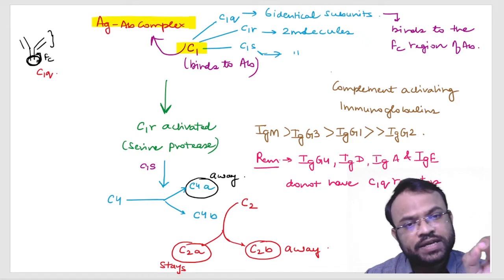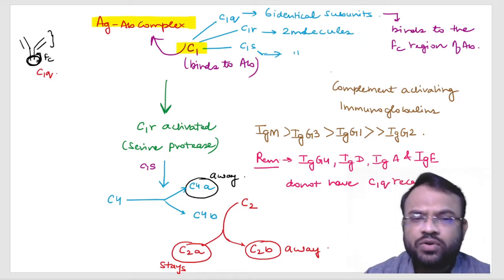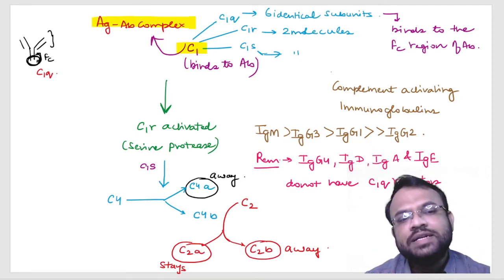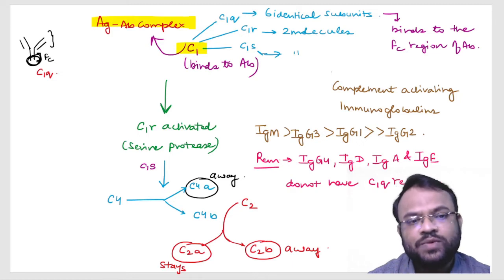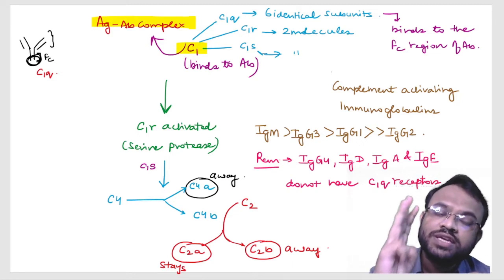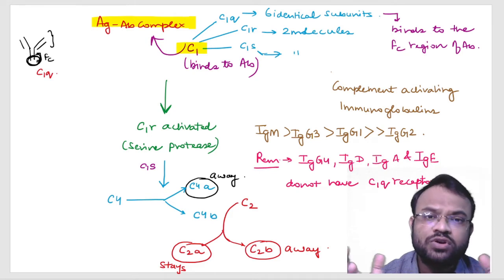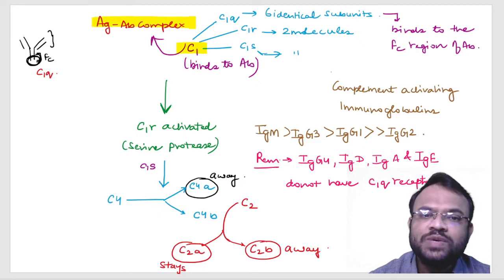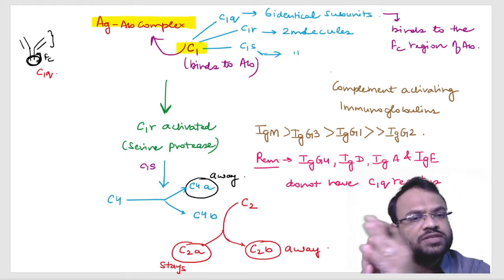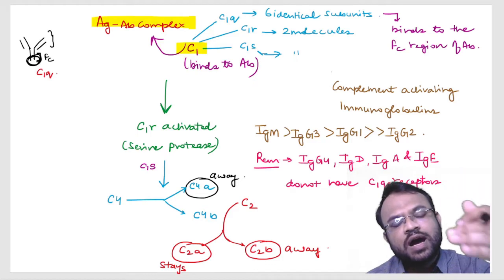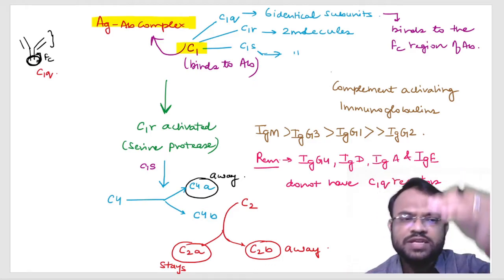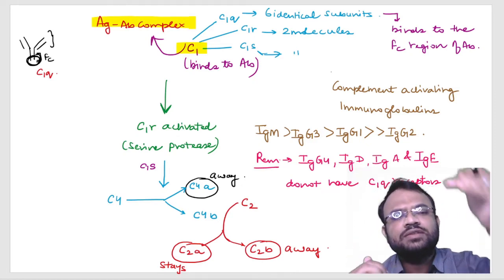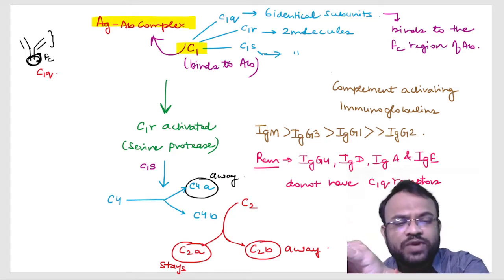Now one more thing: C1 is actually made up of 3 subunits, or 3 parts. They are called C1Q, C1R and C1S. This is just alphabetic in nature, Q, R and S, so you can easily remember it. C1Q, C1R and C1S are parts of the C1 protein.